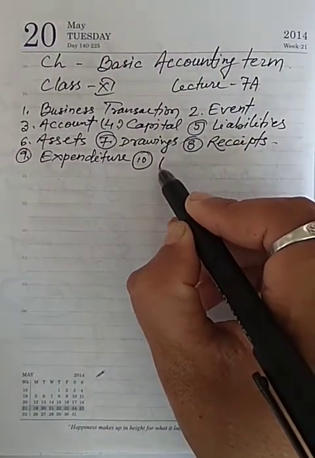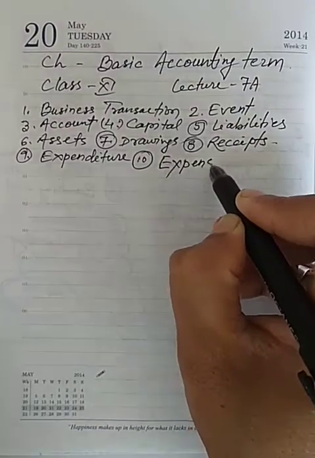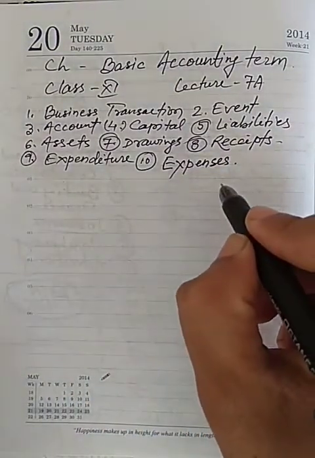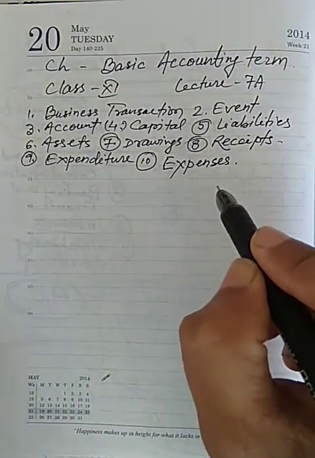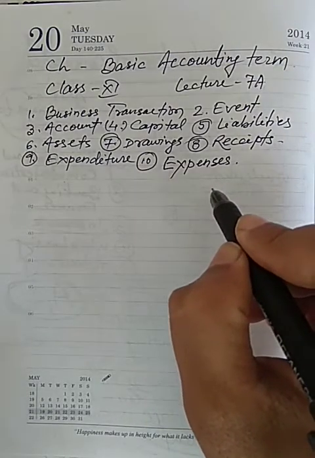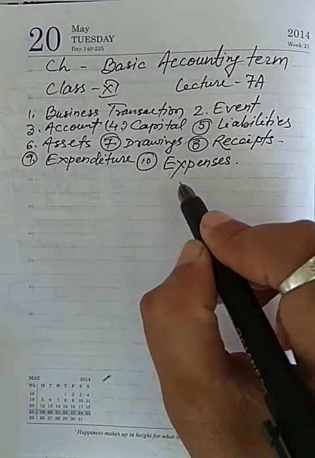Next thing is expenses. Expenses is the cost incurred in producing and selling the goods and services.